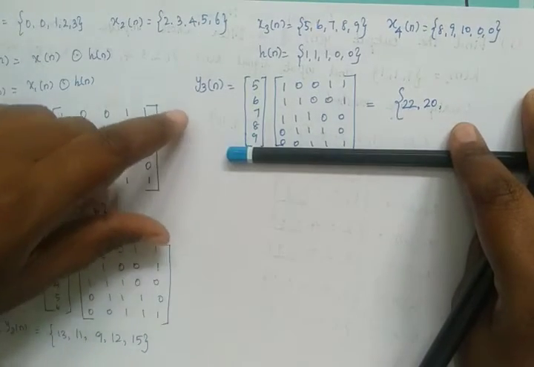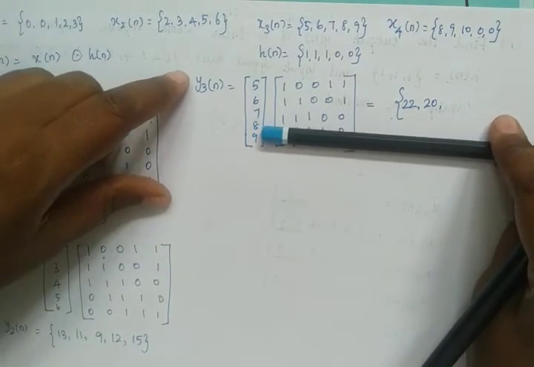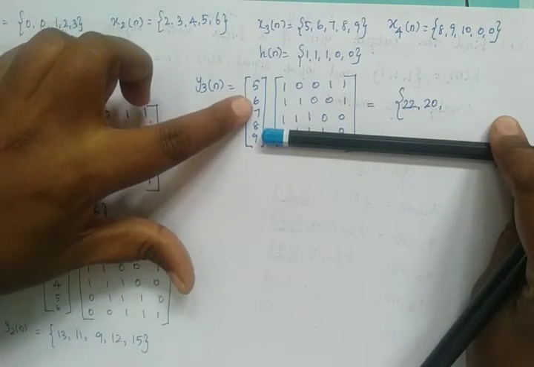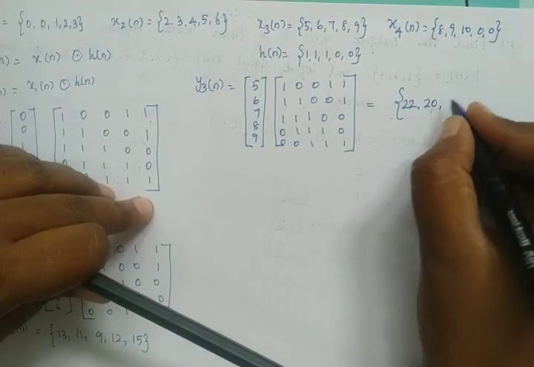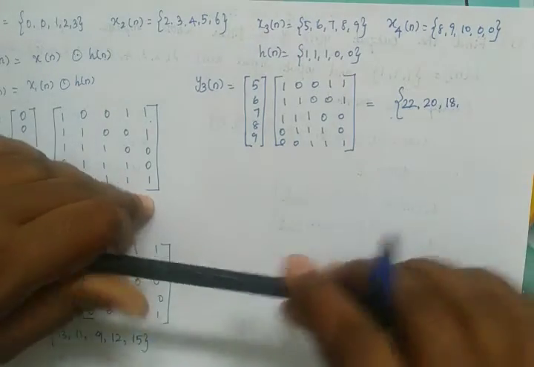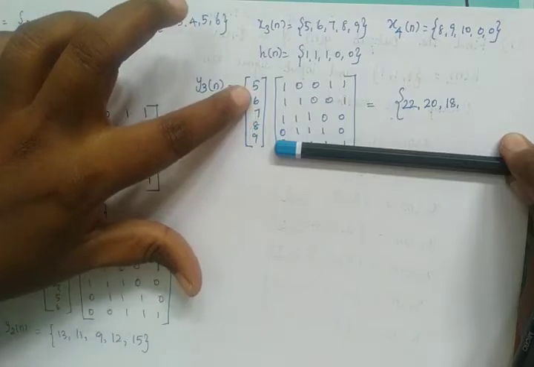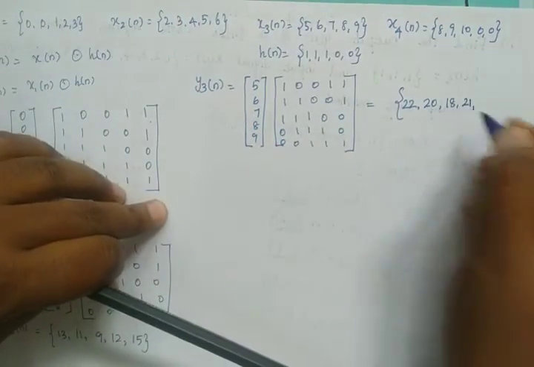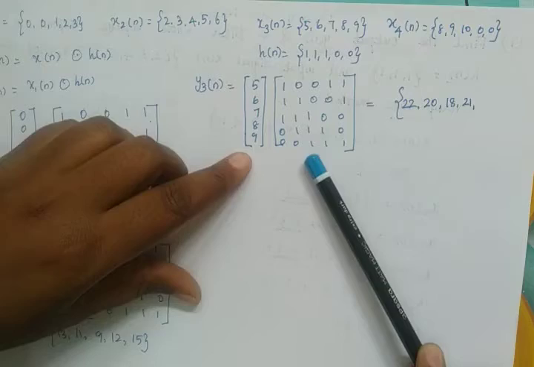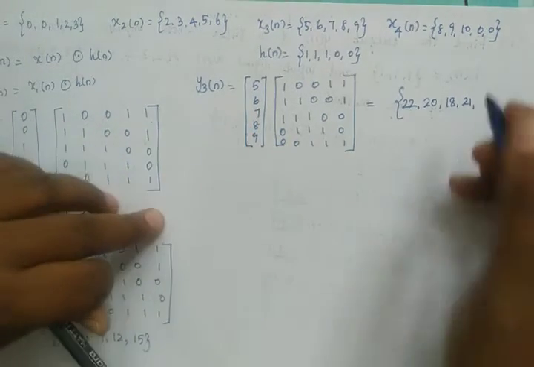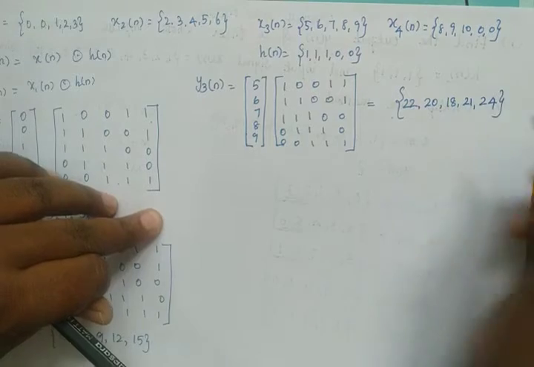Then the next one. Here it is third one. 5 plus 6 plus 7. Then the remaining will be 0. So 13 plus 5, 18. Next. Here it is 6 plus 7 plus 8, 15, 21. Comma. And here it is 7 plus 8 plus 9, so 10, 17, 24. So here it is 24.